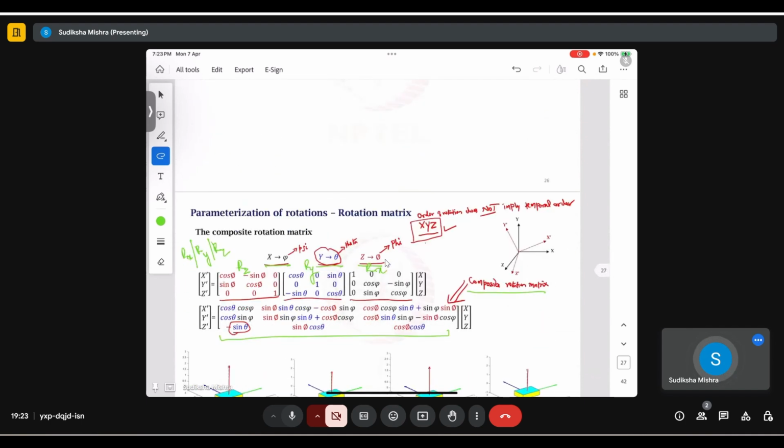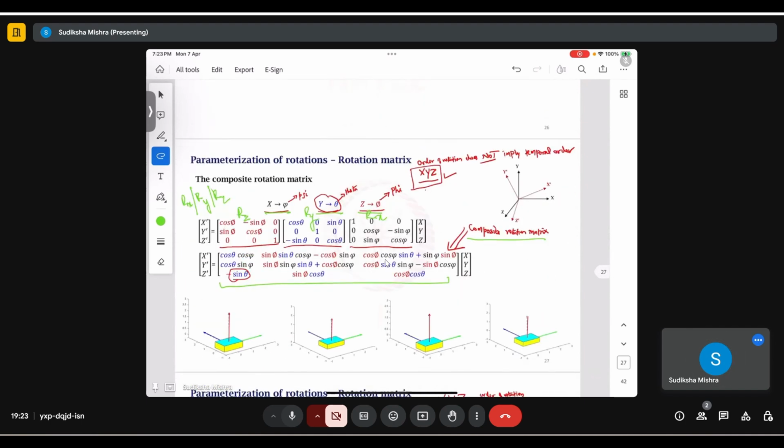Okay, now up until now, whatever rotations we looked at, the angles of rotation for each of the axes was the same. All of them rotate at an angle theta. However, this might not always be the case. More often than not, the rotation about each of the axes will have a different angle.